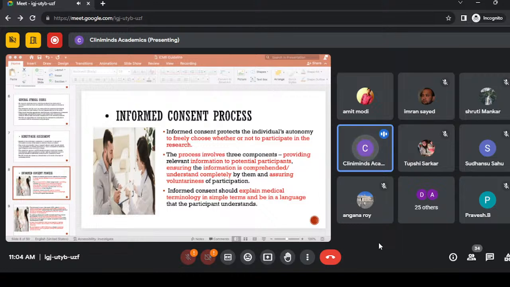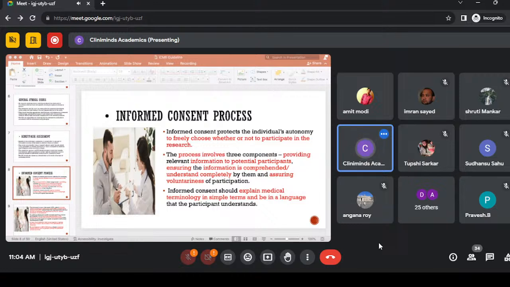So the first few sheets that you see in the informed consent document, in which the complete information about the trial is documented, cover things like: what is the aim of this research, what is the study design, how many patients are taking part, what are the benefits of taking part, what are the risks associated with the research, and if the subject gets injured during the trial, what will be the compensation.